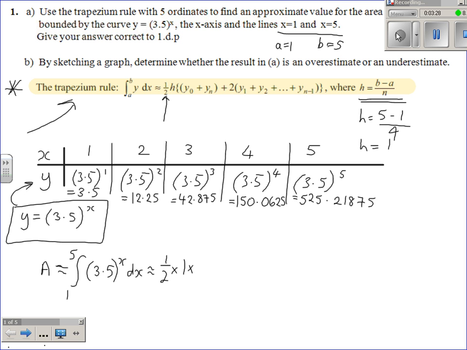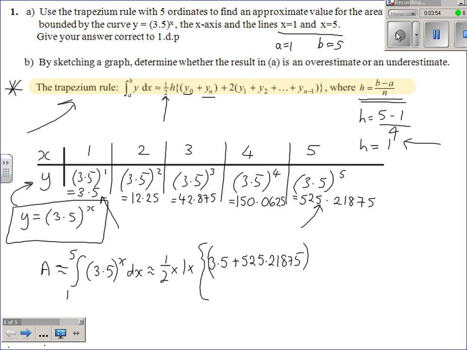Our h we found to be 1, and then we're timesing that by the first and the last ordinate. Our first ordinate here is 3.5, looking at the table, and the last one is 525.21875. So we've got 3.5 plus 525.21875.